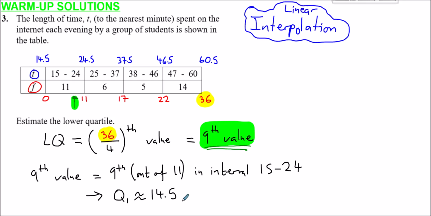So it's 14.5 plus 9/11ths of the way along this interval. So now we need to think about the width of it, the class width. From 14.5 to 24.5, that's going to give us a class width of 10.